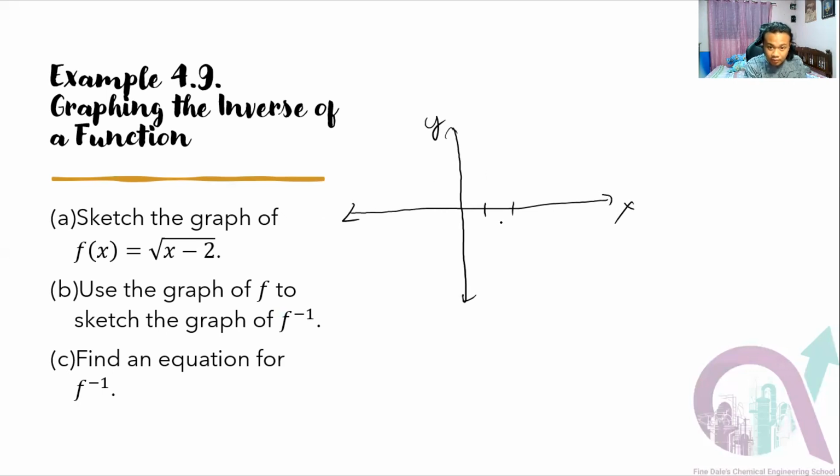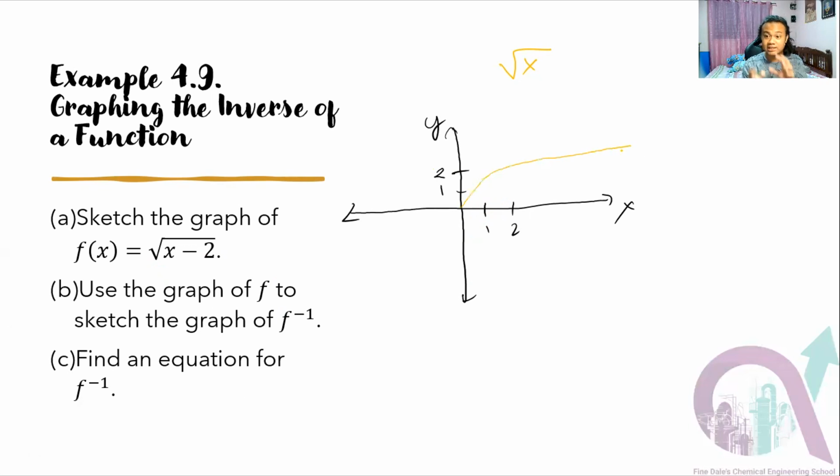Let's number them 1, 2 and 1, 2. The graph of the square root of x starts from here.